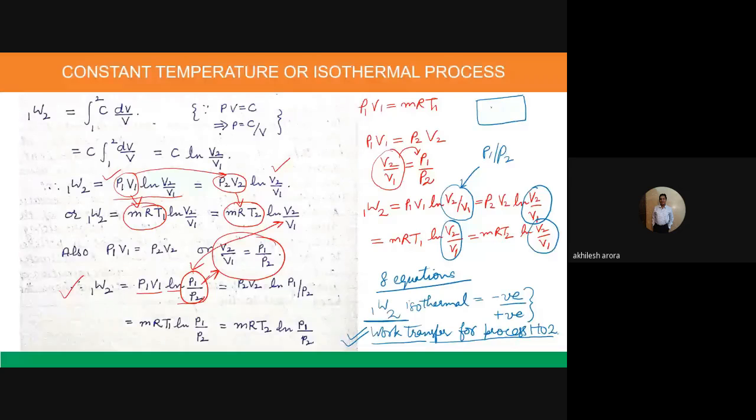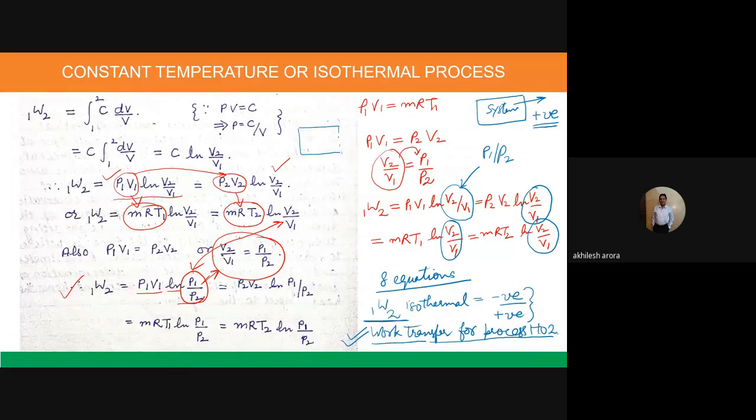Suppose this is the system and work is going from the system to the surroundings. So this will be known as work done by the system and the value will come out to be positive. So work done by the system is positive.